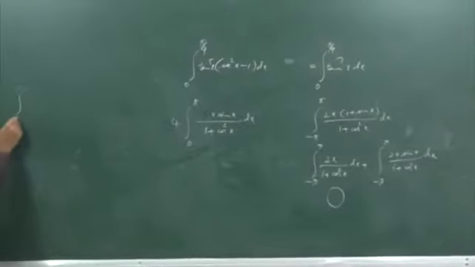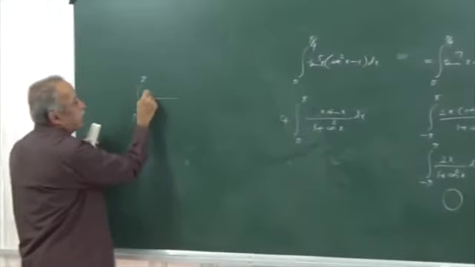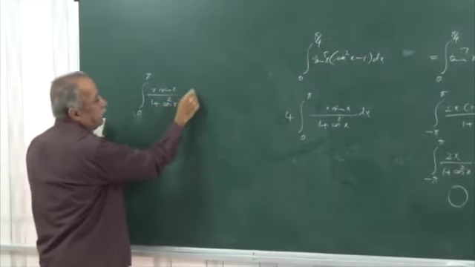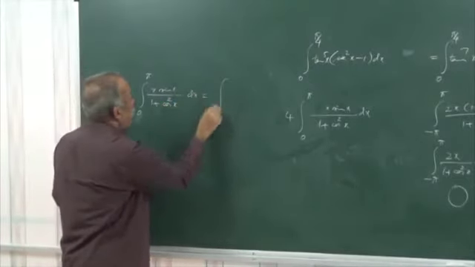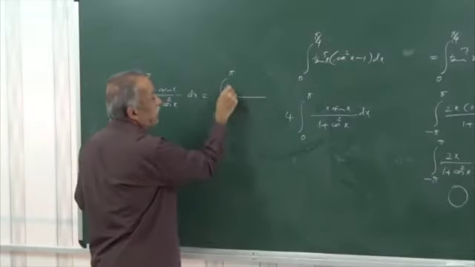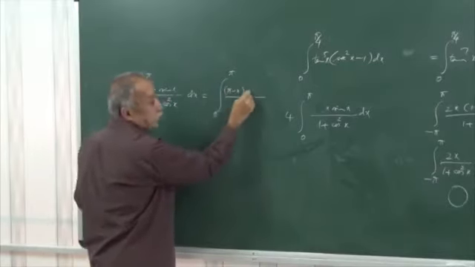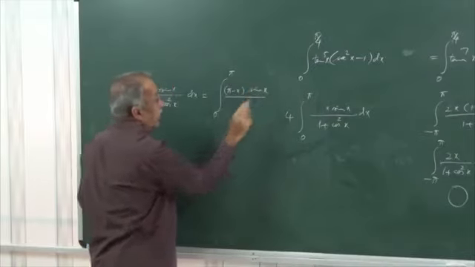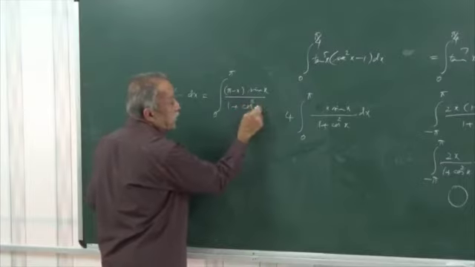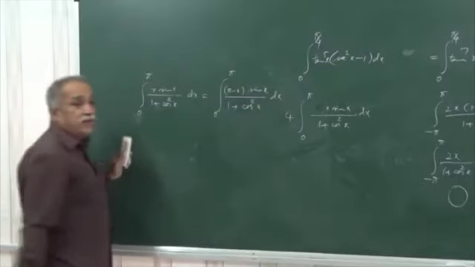What happens to the integral 0 to pi x sin x dx by 1 plus cos square x? If you apply that property, you get the integral 0 to pi of pi minus x into sin of pi minus x, which is sin x, by 1 plus cos square of pi minus x, cos square x, dx. What next?